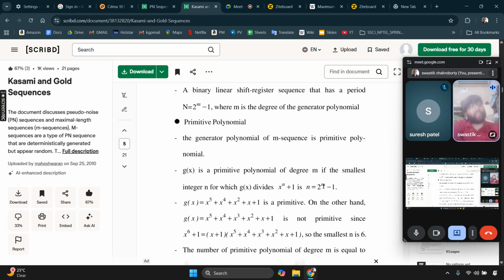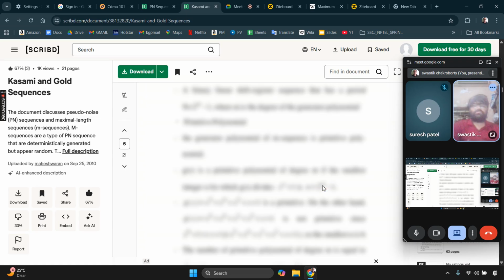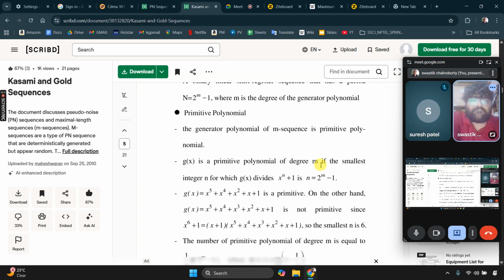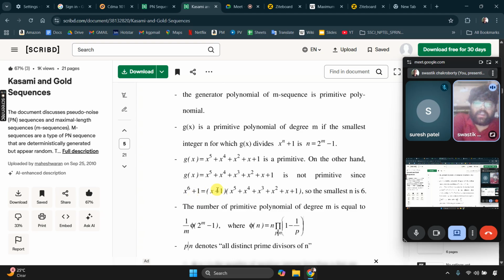On the other hand, if you include x cube, then x^5 plus x^4 plus x^3 plus x^2 plus x plus 1 is not primitive, because you can divide it by x to the power 6 plus 1.